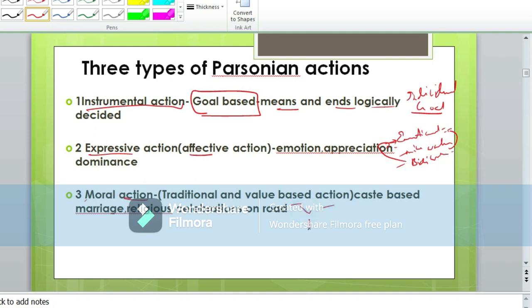For example, in the month of Ramzan you see people doing namaz on the roadside. Similarly, in Ganesh Chaturthi, people take processions on the road, blocking the traffic, destroying the entire existence of democratic constitutional law. So that is moral social action.